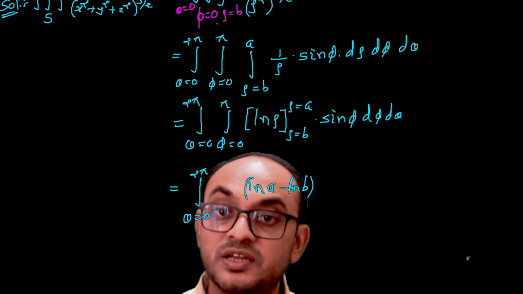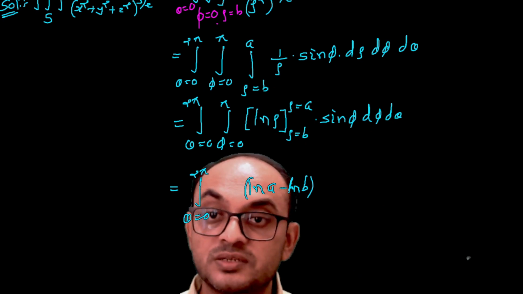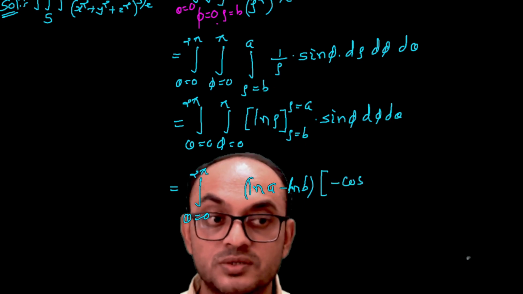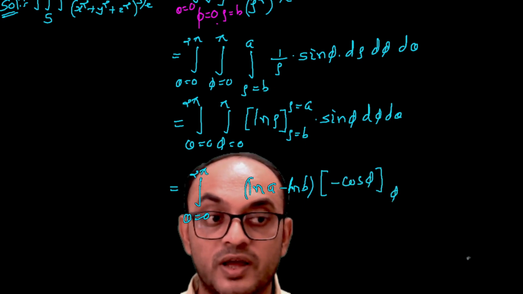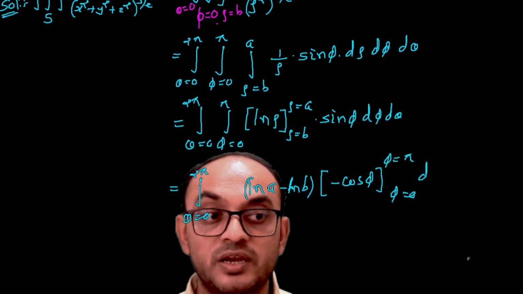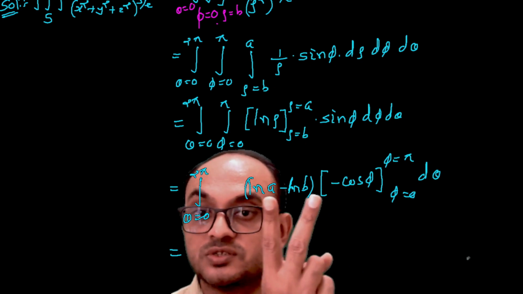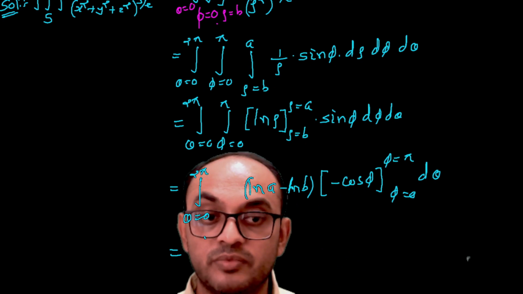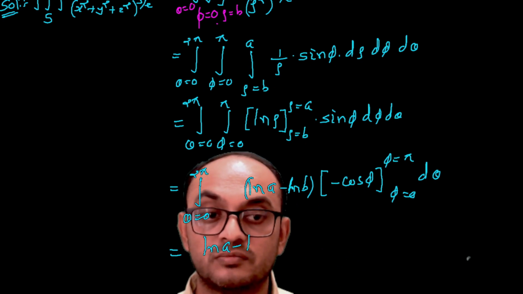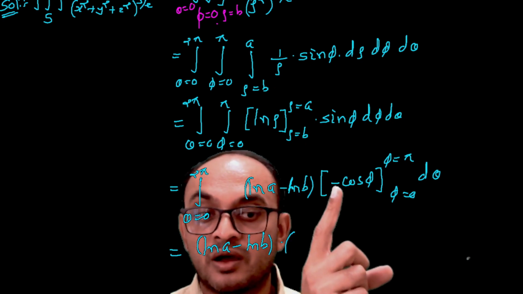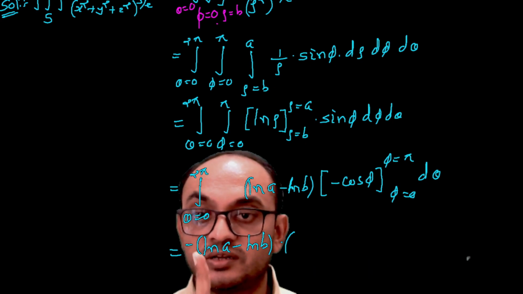The integration of sine phi is minus cos phi, from phi equal to 0 to phi equal to pi, d theta. So this is the constant quantity ln a minus ln b, into this minus sign, which I am taking outside.